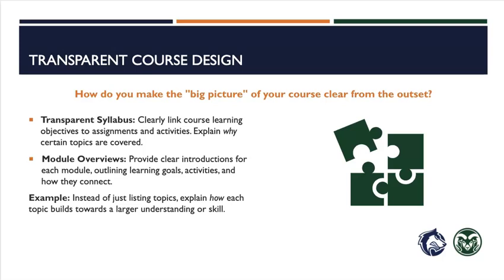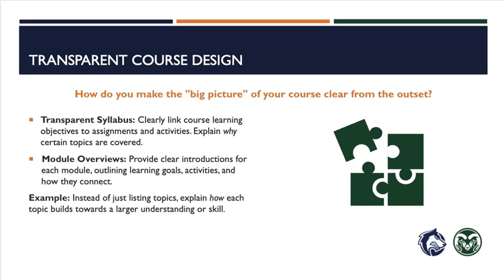Take a moment to self-reflect. How do you make the big picture of your course clear right from the very beginning? Aspects of transparent course design include a transparent syllabus, which clearly links your course learning objectives to specific assignments and activities. It also involves explaining why certain topics are covered.